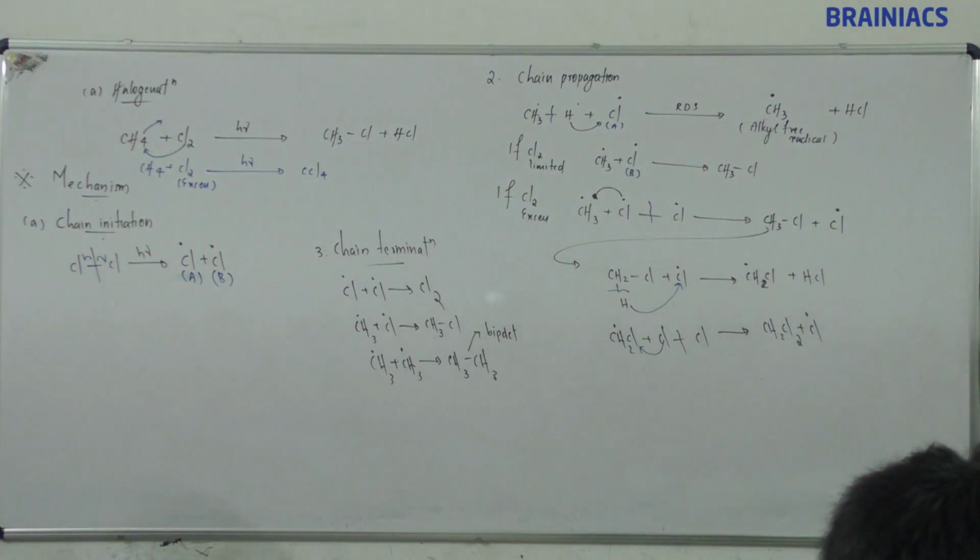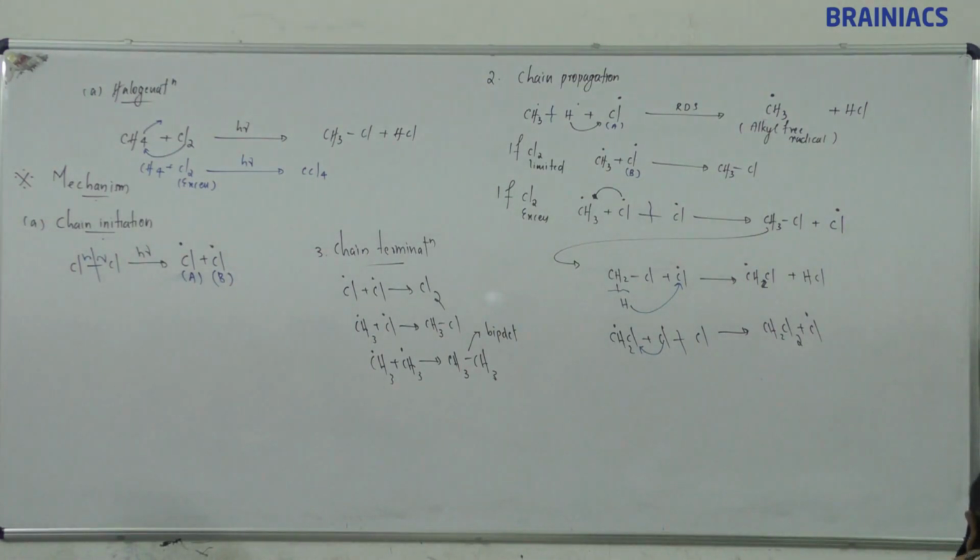Then allyl. What do you mean by allyl? A single bonded position which is just next to a double bond is said to be allyl. Then tertiary, secondary, primary, like that.